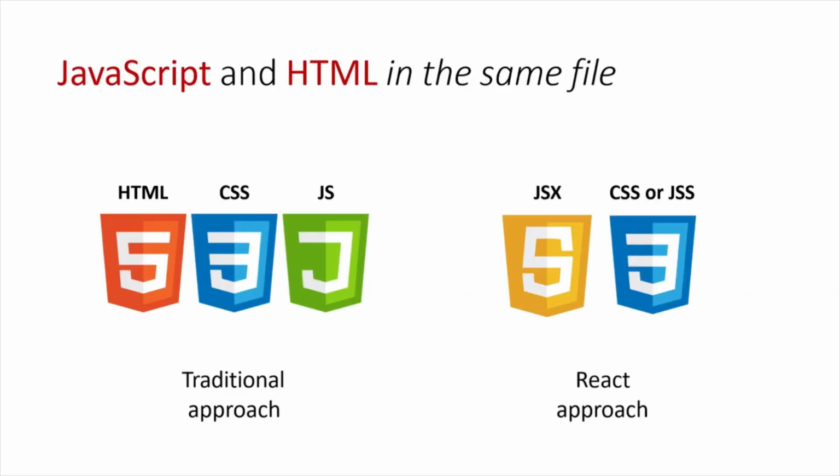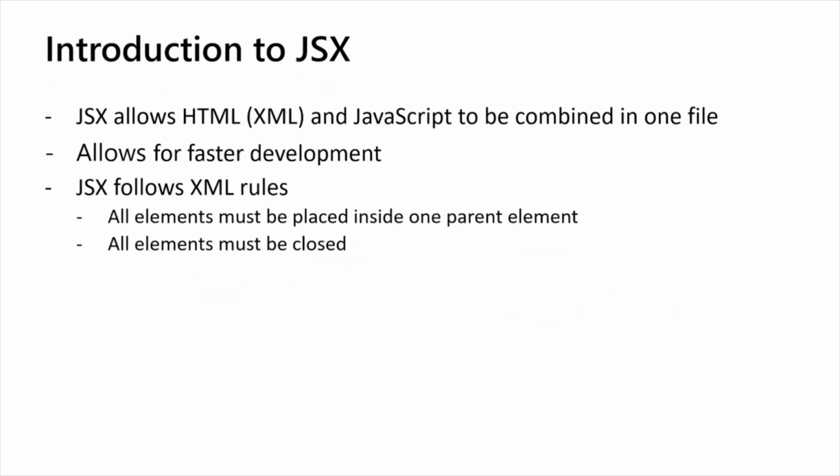The next thing is JavaScript and HTML in the same file. What is that? In the traditional approach, we used to write HTML, CSS and JavaScript separately in separate files. But in the React approach, we write HTML and JavaScript in the same file, called JSX. This is the power of JSX, and if we have to add some styling, we can do it via CSS or JSS. Now let's understand what JSX is.